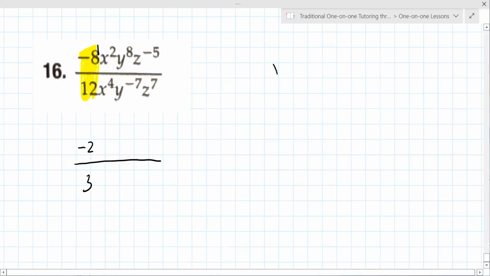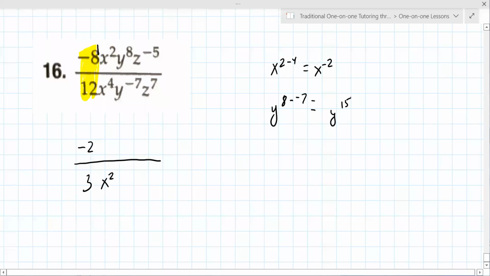And then it's x to the 2 minus 4. That's -2. So what you'll start doing is moving it to the bottom. Maybe you've already done that. 8 minus -7 is y to the 15th. So since it's positive, it goes up there. And then z to the -5 minus 7 is -12. So that goes to the bottom there.